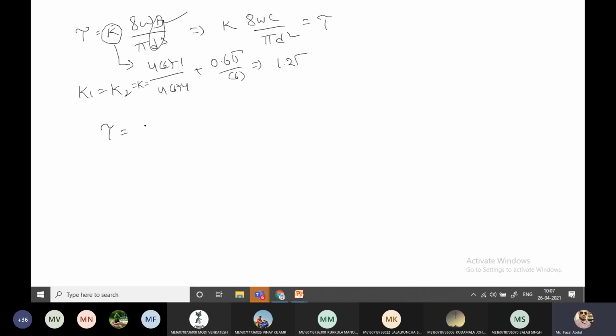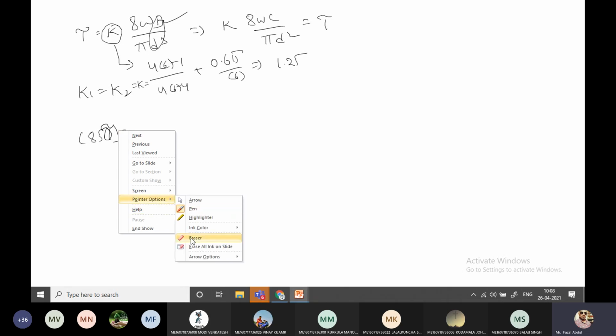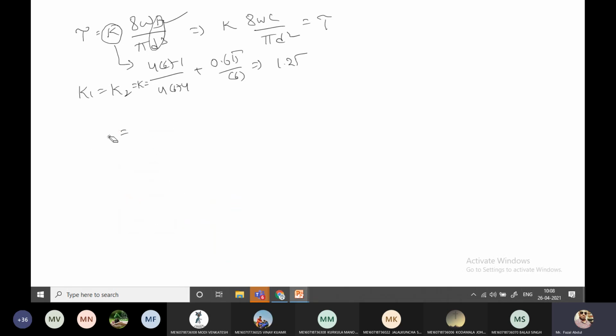Shear stress value is also given: 850. 850 equals 1.25 into 8 into, now I am calculating for the first wire, K1 W1.